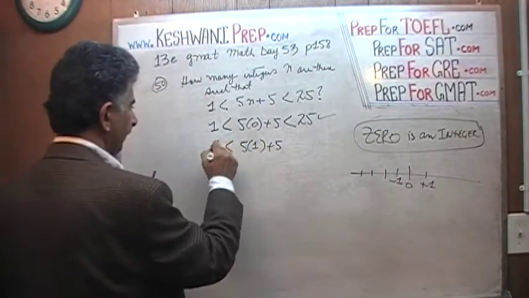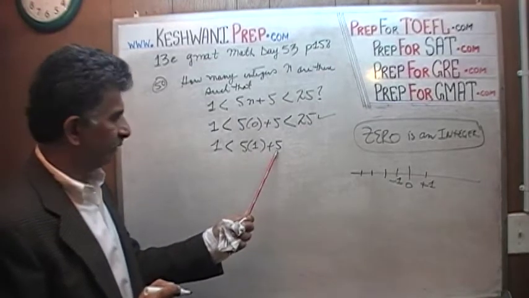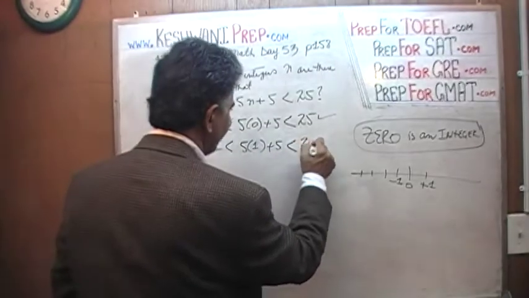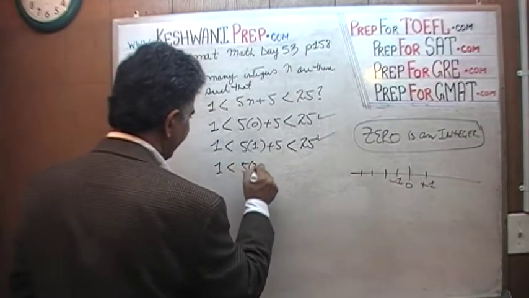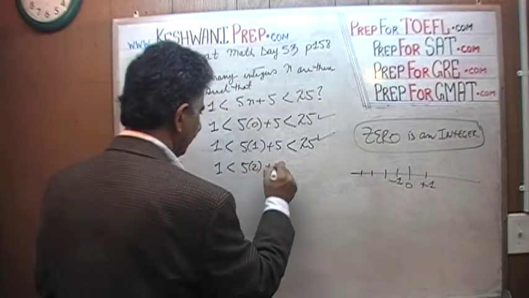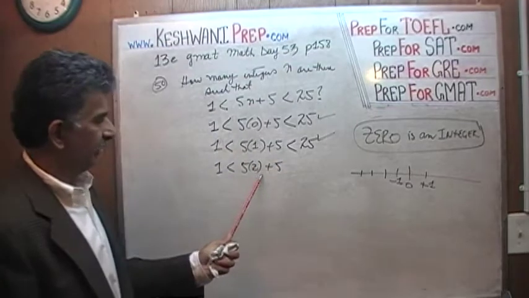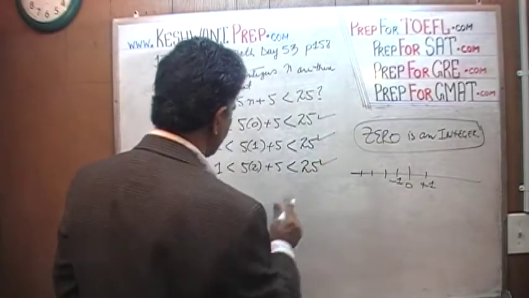That also works. 5 times 1 plus 5 is 10, and 1 is less than 10, and 10 is less than 25. That one works. Now 2: 5 times 2 is 10, plus 5 is 15, and 15 is less than 25. So that one works.